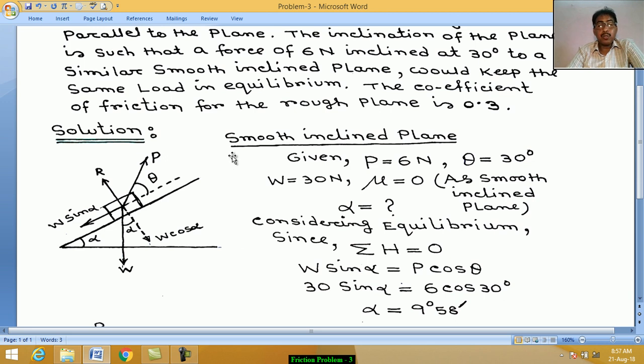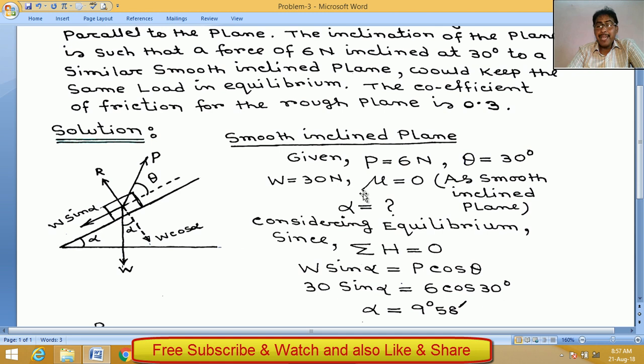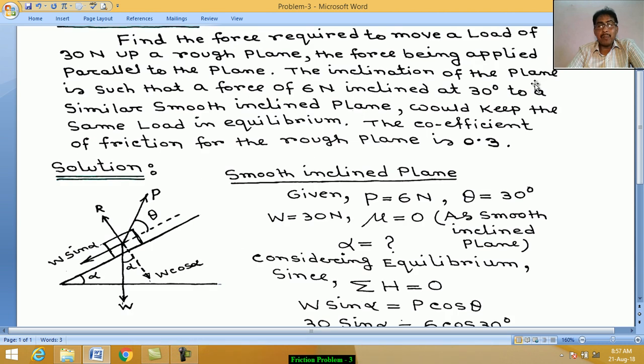First, we find out the smooth inclined plane. Here, given P equal to 6 Newton, theta equal to 30 degree, W same load, W equal to 30 Newton, mu equal to 0, smooth inclined plane.